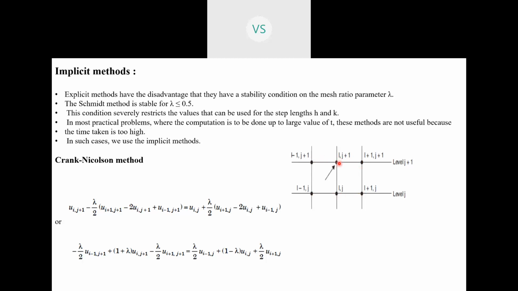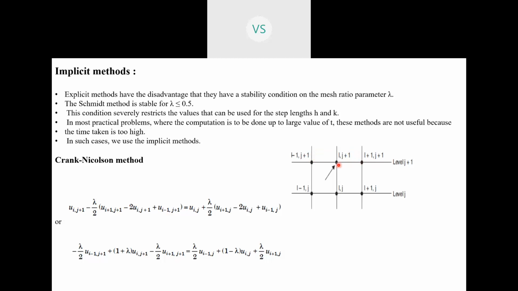In the explicit method, to obtain the solution at this nodal point, you require only these 3 nodes, but here the neighboring nodes are also required. These neighboring nodes have values that are not known to you.